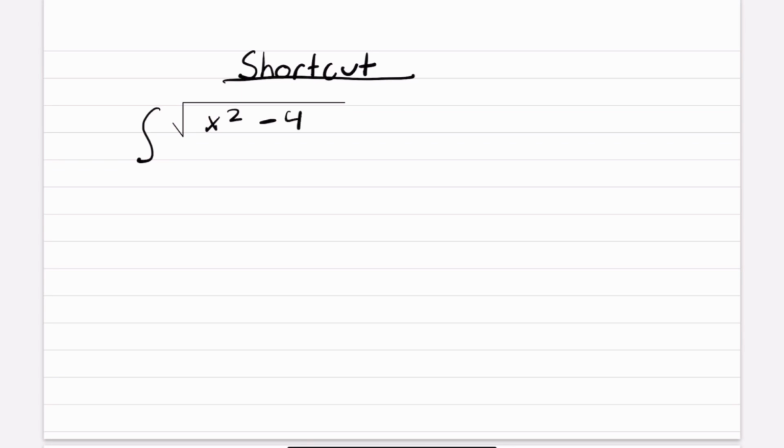Now, how about that shortcut that I told you about in the beginning? So if you just want to look for a quick shortcut, say you have the integral of the square root of x squared minus 49 divided by x dx, where x is greater than 1.